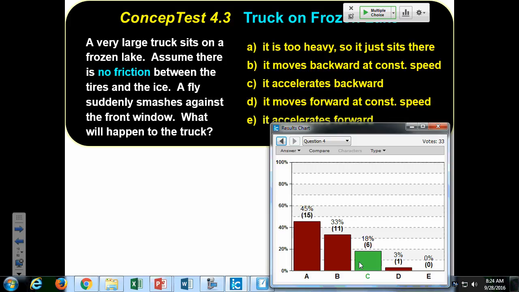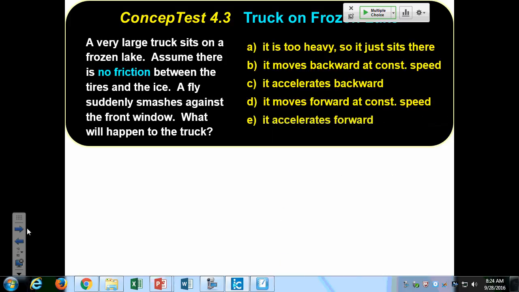After the fly smashes into the window and accelerates the truck, then the truck will move at a constant speed. So I understand what you're putting, but in the instant that the fly smashes against the front window, it will cause an acceleration both for the fly and for the truck, because there's an equal and opposite force being given on them.